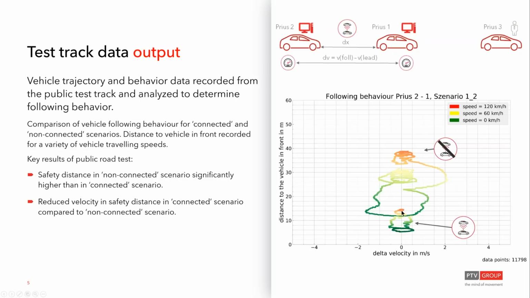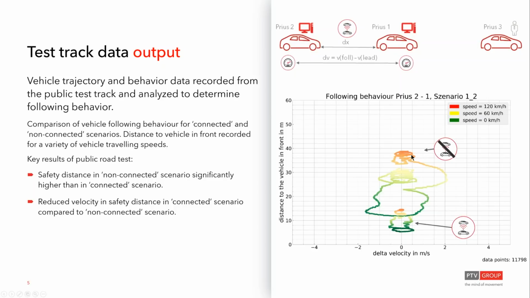The distance is not exactly fixed, but it's almost fixed, so there's almost no variation in delta velocity, the difference in speed. If there is no connectivity between the two vehicles, we see that a higher distance is kept. They go from 14 meters with connectivity to about 38 meters when they are not connected, only automated.